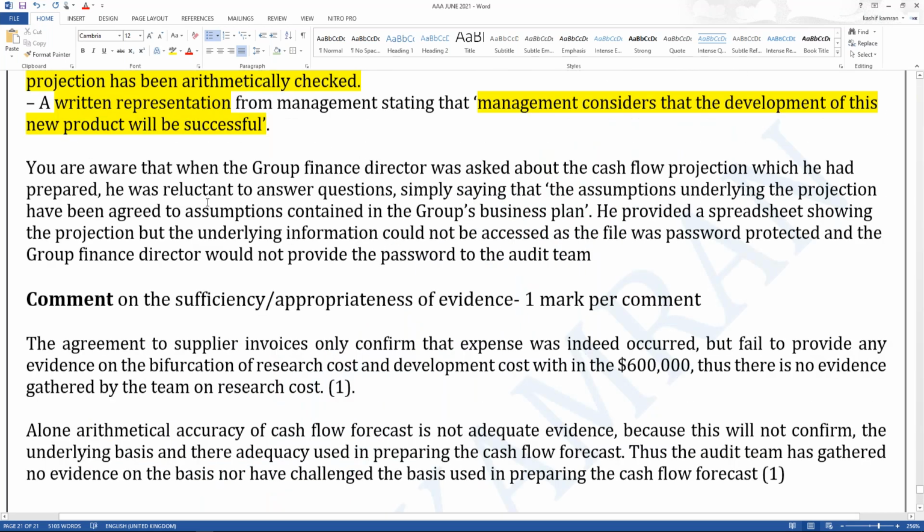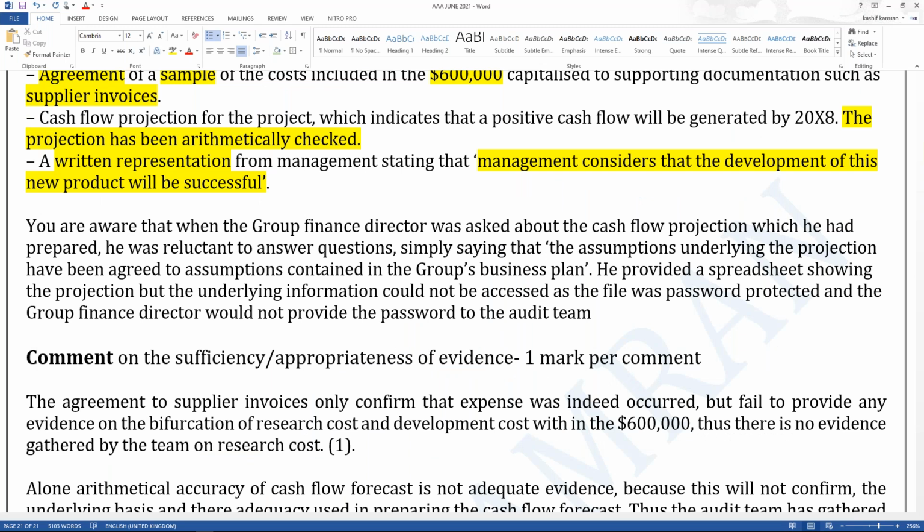A written representation from the management. Do you believe the written representation was taken too early? Normally, the written representation is the last resort of evidence. Do you believe the audit team has done very little work and taken a representation too early?